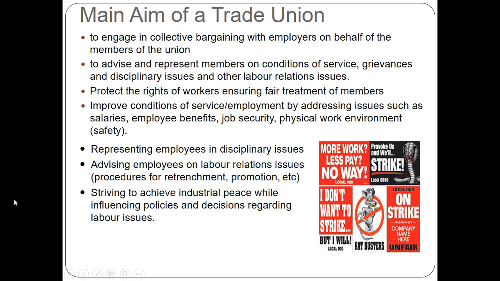So the main aim of a trade union is to engage in collective bargaining with employers on behalf of the members of the union, to advise and represent their members on conditions of service, grievances, disciplinary issues, and other labor relation issues.